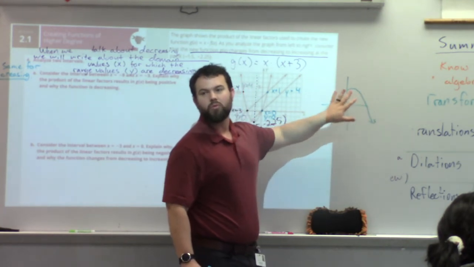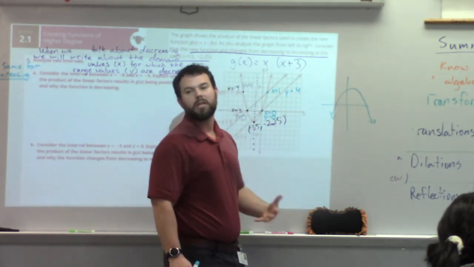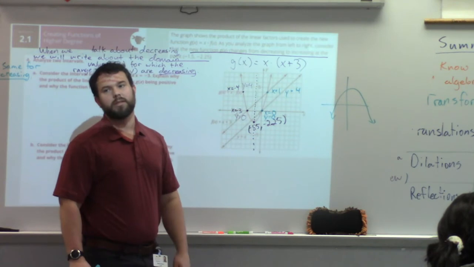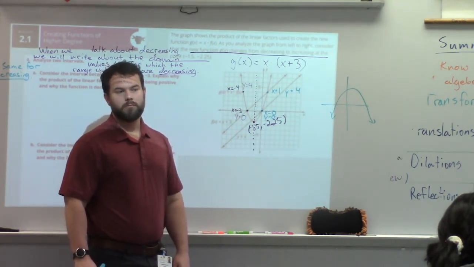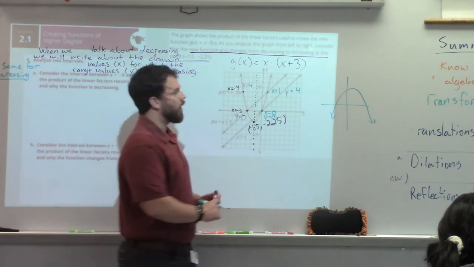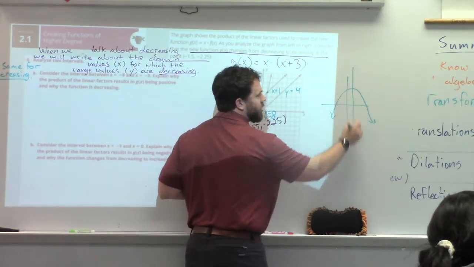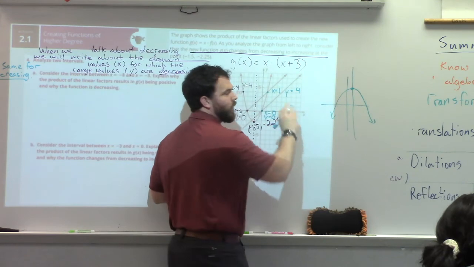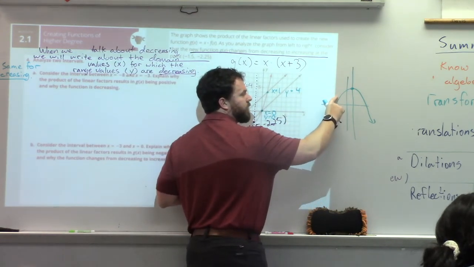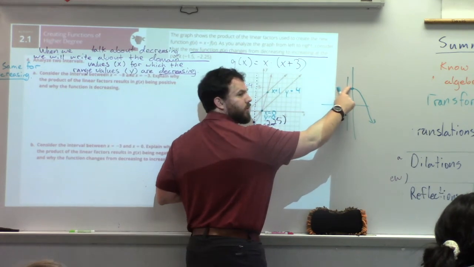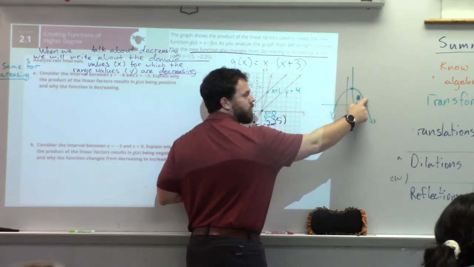So you need to look at the graph and you need to look at the y values to see if those y values are increasing or decreasing. In concave down, right, here's my vertex, notice that's where it changes. Look at your y values, look at my finger. The y values are increasing. After here, they are decreasing.